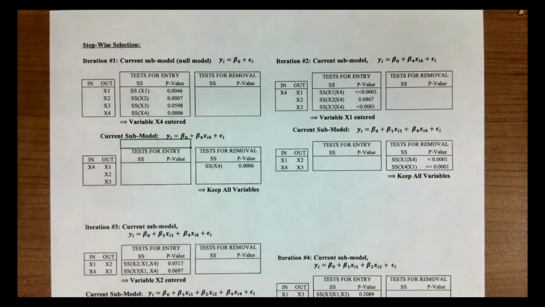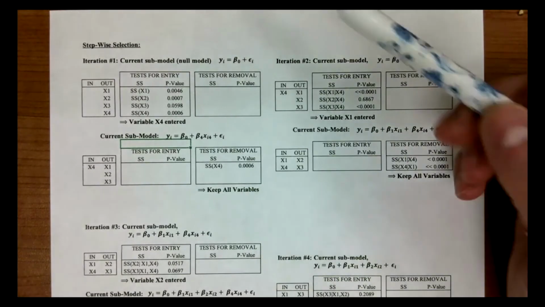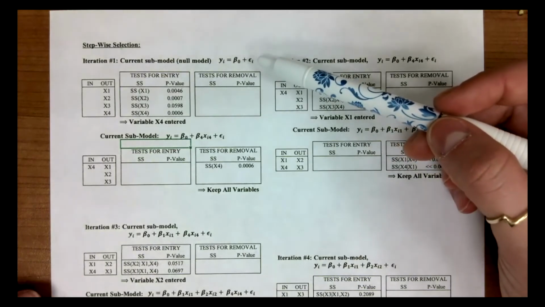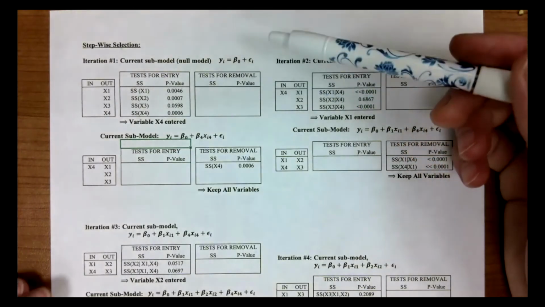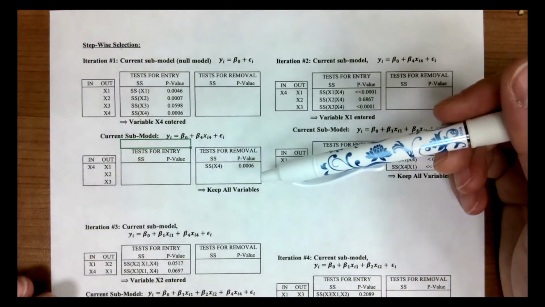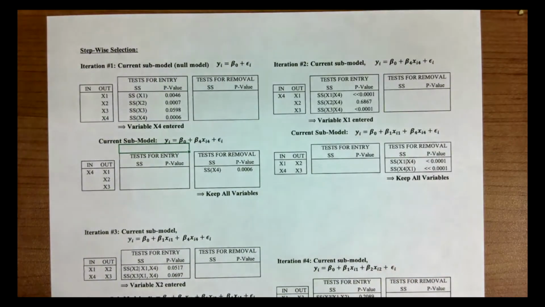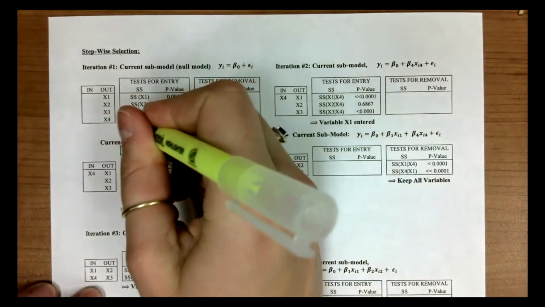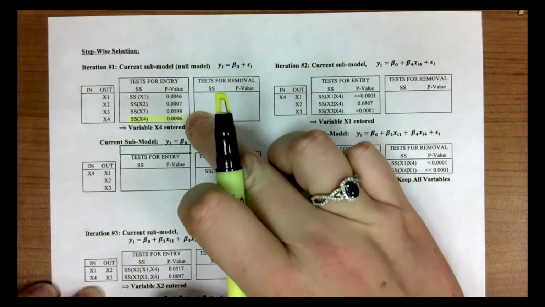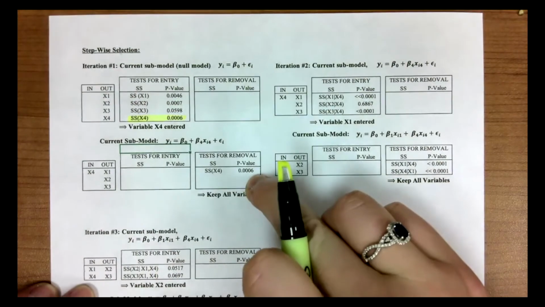Okay, so how we start with stepwise selection is we're going to start off with our null model. So this is going to look exactly like our first step in forward selection, where we're going to look at all four of the variables by themselves in the models. We're going to pick the one with the smallest p-value, and we're going to enter it.